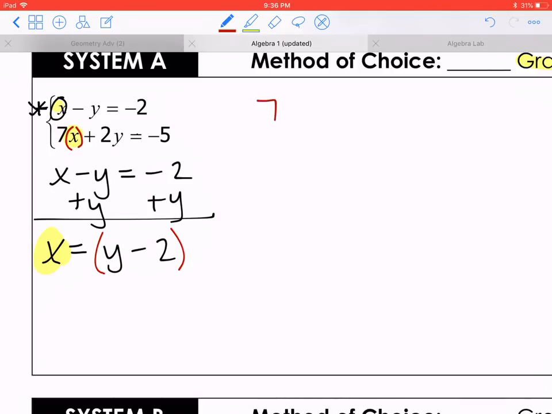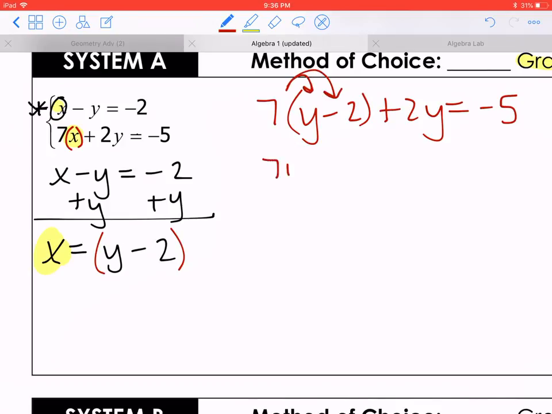So now I'm going to say that 7 times (y minus 2) plus 2y equals negative 5. I'll distribute. So now 7y minus 14 plus 2y equals negative 5.